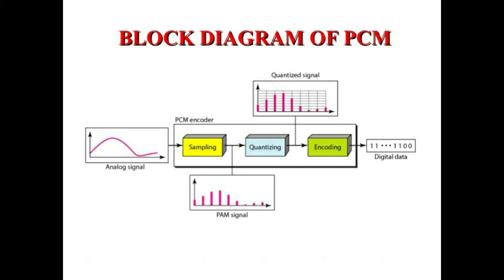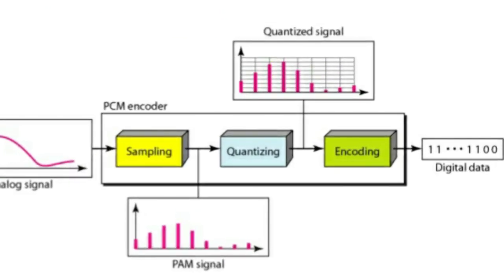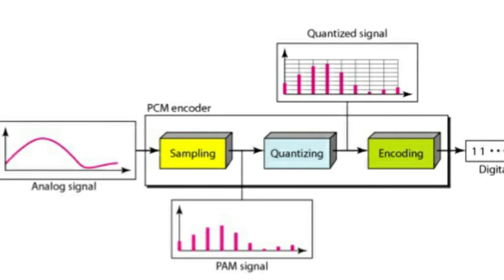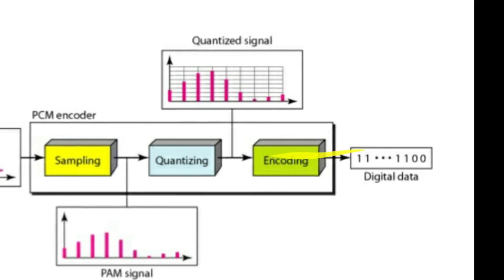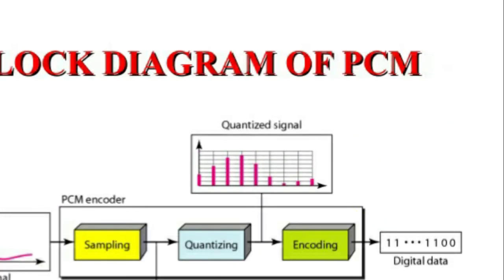This is a simple block diagram which describes PCM. These 3 blocks, sampling, quantizing and encoding, combine to form the PCM encoder. The input for the PCM encoder is the analog signal, a sine signal, and the output is digital data.